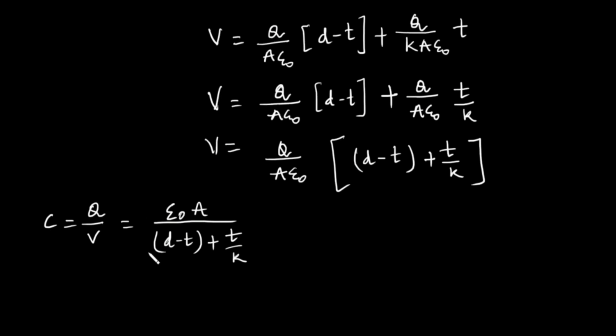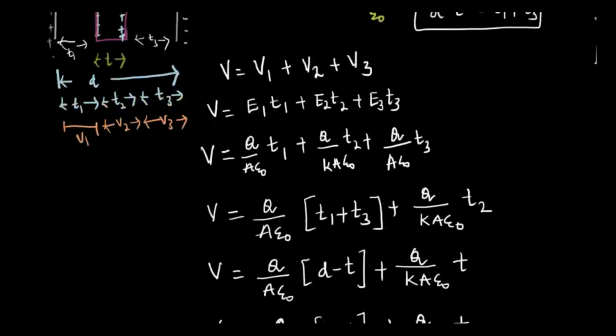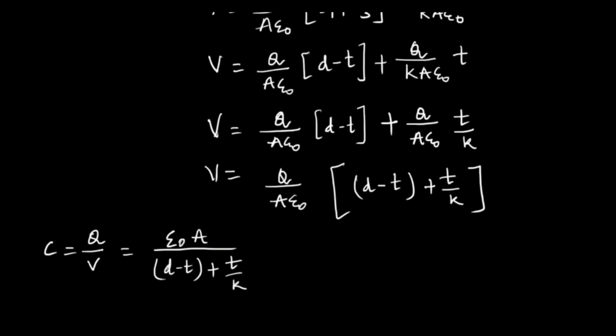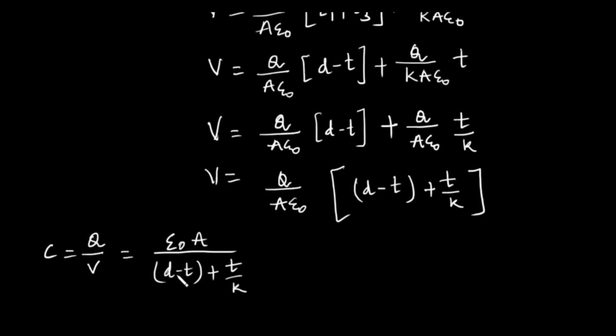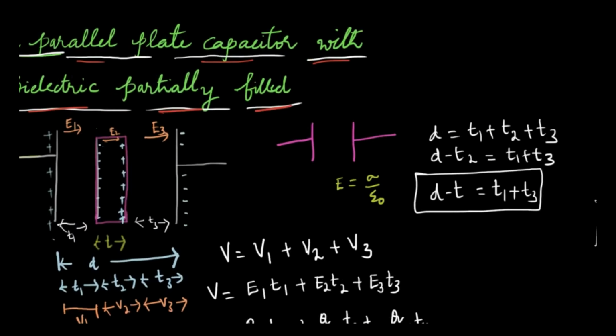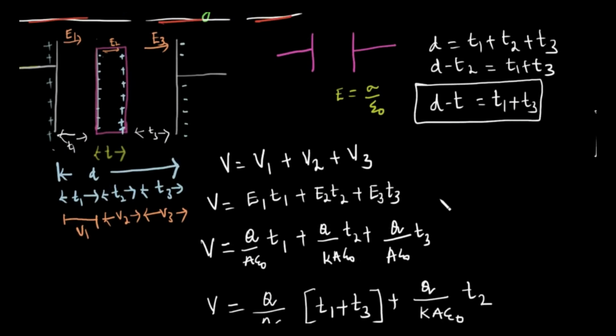So if you fill a parallel plate capacitor with a dielectric of constant k and thickness t, then c is equal to epsilon naught a by d minus t plus t by k. What we have done here is v is equal to v1 plus v2 plus v3, which is e1 t1 plus e2 t2 plus e3 t3.